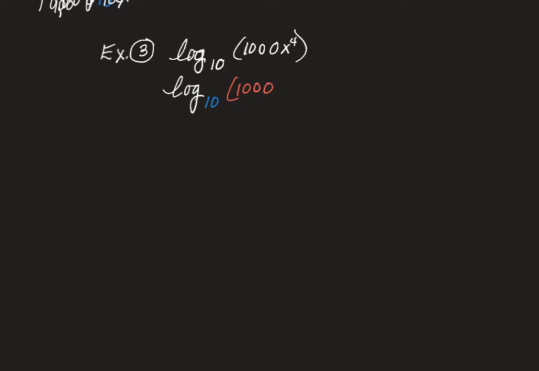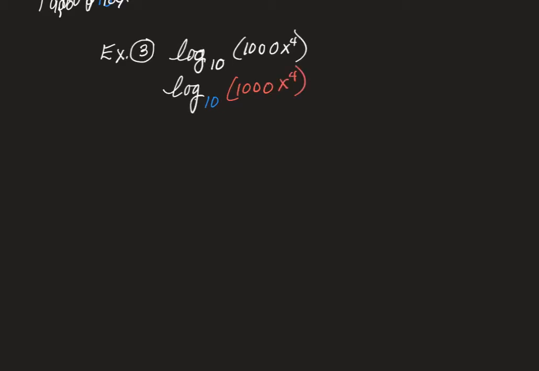For example 3, let's expand this expression. In other words, let's rewrite it as the sum, difference, and or multiple of logs. Okay, so if I rewrite it with my color coding in place, I have log base 10 of 1,000 x to the 4th.